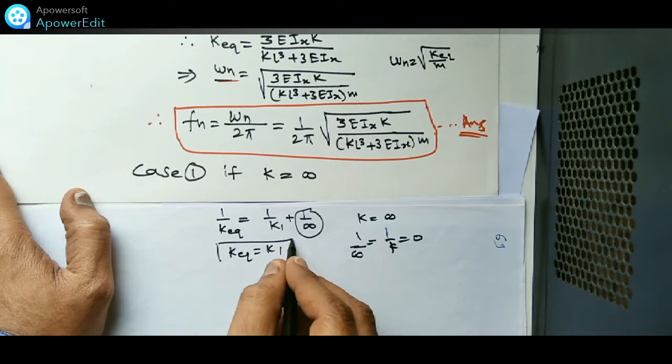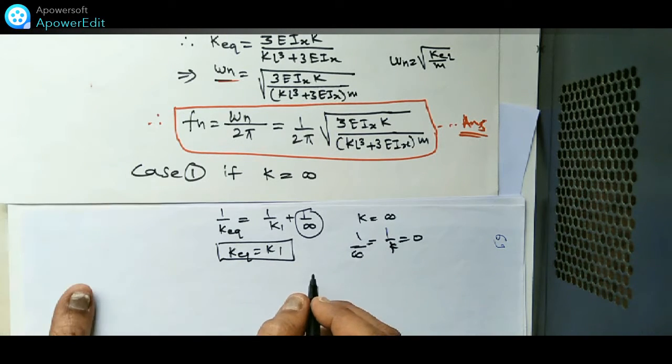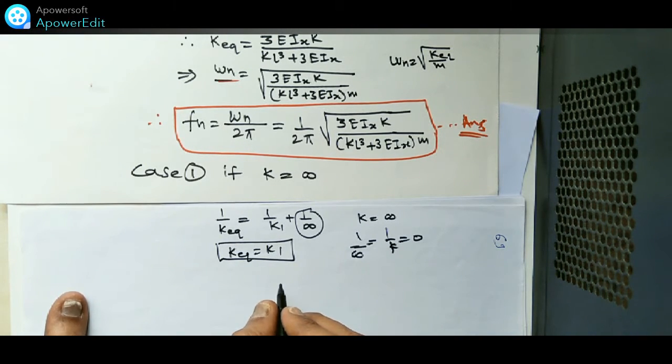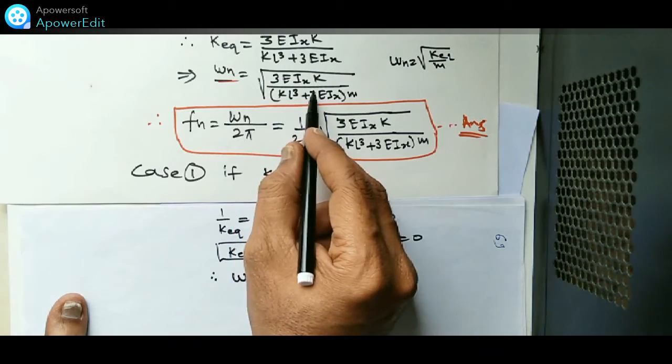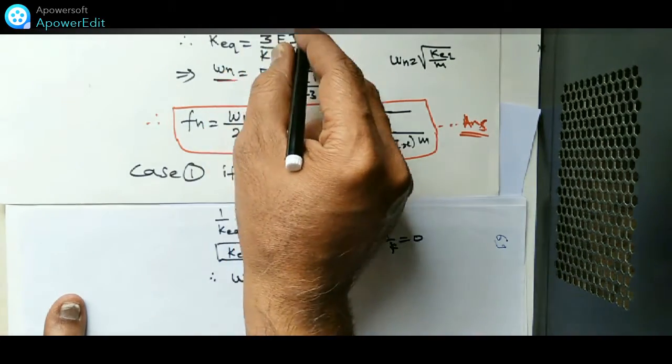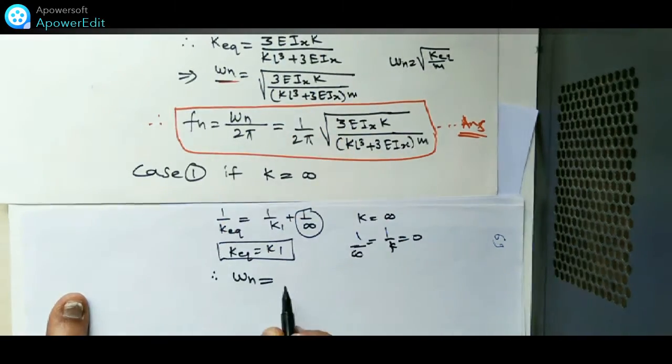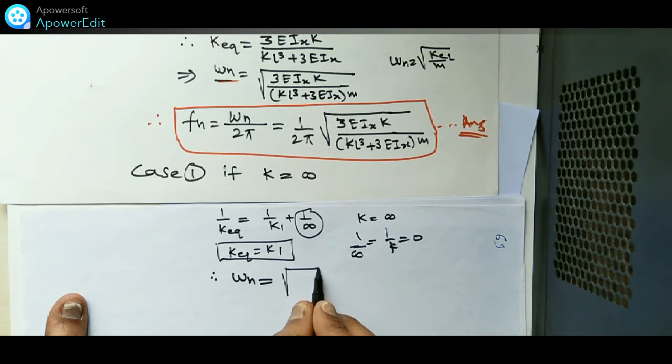So what is the value of omega n then, when k equivalent is equal to k1? K1 means this value in the equation will get changed. So omega n becomes k1 divided by m.